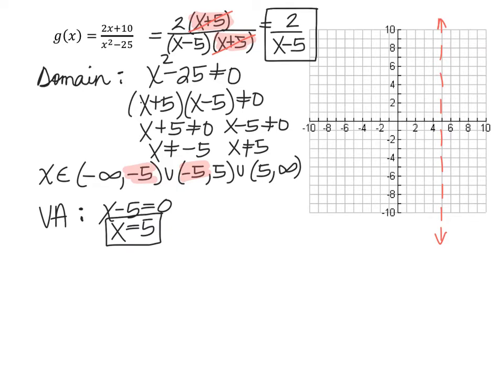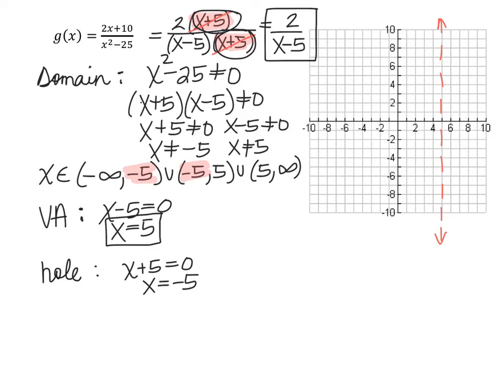Now, because this function simplified, that meant there was a hole in the graph. We're going to have an additional discontinuity, and that discontinuity is going to occur wherever that common factor was. The common factor was x plus 5. If we set that equal to 0, we see that x plus 5 equals 0 when x equals negative 5.